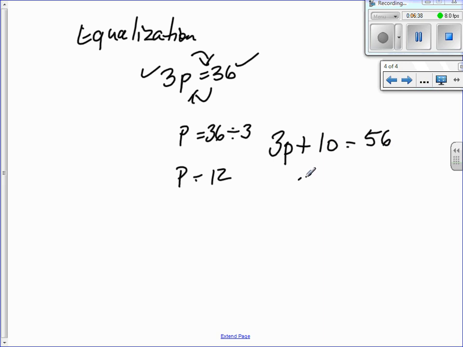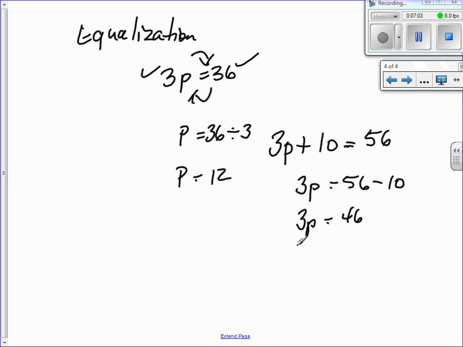So 3p would equal 56 minus 10. See why? If I flip the 10 over to this side, I've got to take it away from the 56. As soon as it goes to the other side, it becomes a reverse operation. Therefore, 3p equals 46.